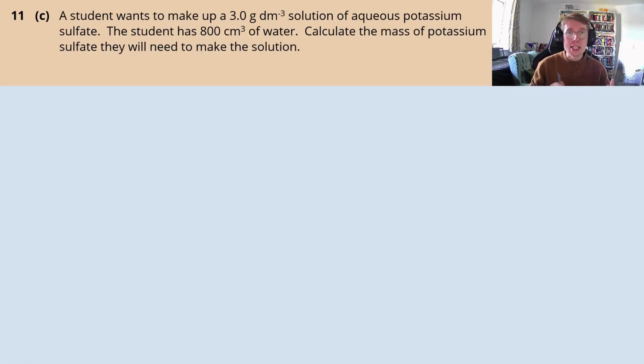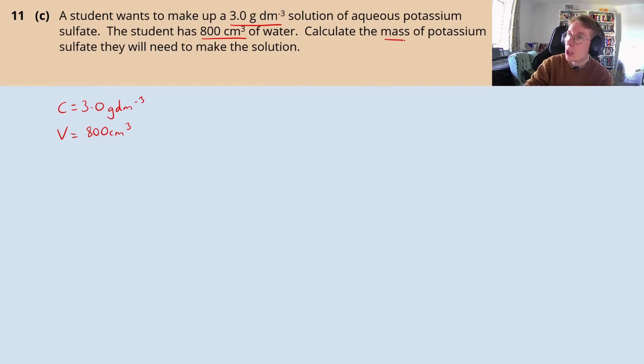11c, again, we see a similar kind of question, but there is a difference. A student wants to make up a solution with this concentration. We've been given the concentration already this time, 3.0 grams per decimeter cubed. And we're told that the student has got 800 centimeters cubed of water. We need to calculate the mass of the potassium sulfate they will need.